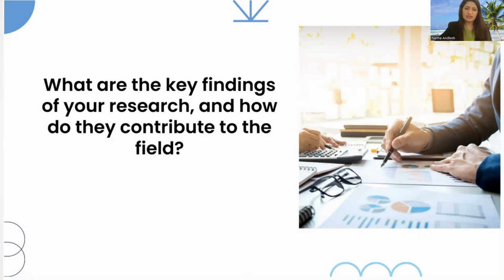So if you are doing your research, you need to mention how this work will contribute in the field, how this work will contribute in the theory, how this work will help the policymakers. Whenever writing your work, and whenever you are going to give the answer, let's suppose you did your research in developing a product.